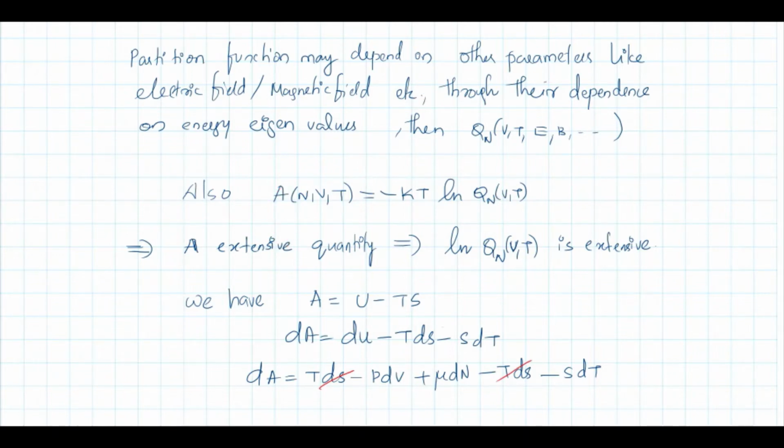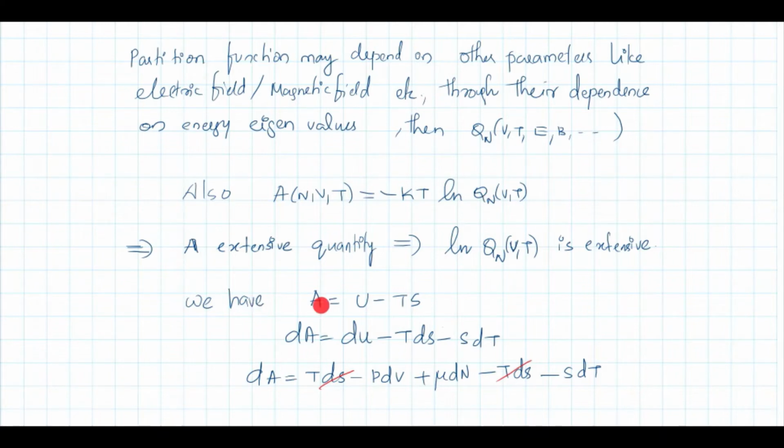It is Helmholtz free energy, and as the size of the system increases, it will also increase. A is an extensive quantity, T is an intensive quantity, so log Q should also be extensive. Okay, that I will explain later. So keep this in mind. Log Q should be an extensive quantity.